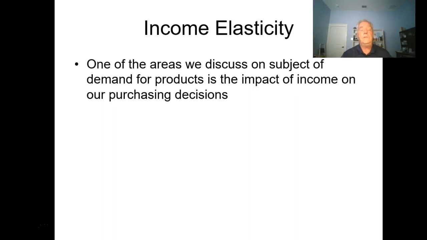For instance, buy a more expensive car than a less expensive car. We're feeling good, we might take the risk. We might be willing to borrow a little bit more money than we normally would, because our income stream is pretty good, and our purchasing decisions may be a little bit on the high side because of it.